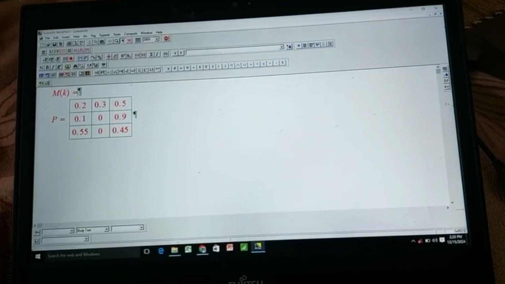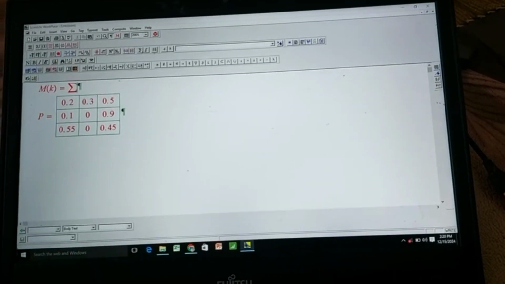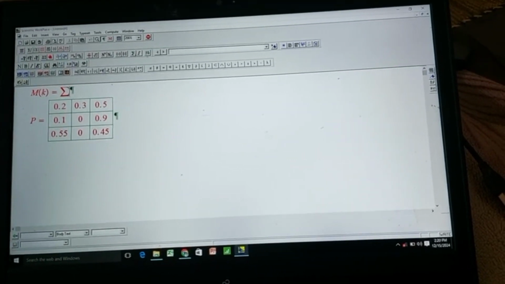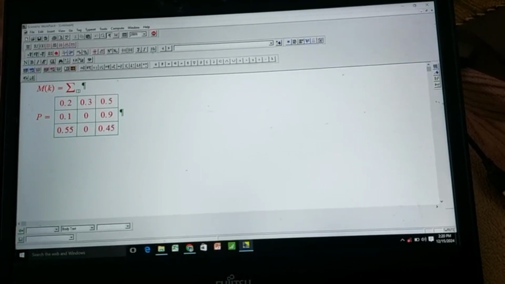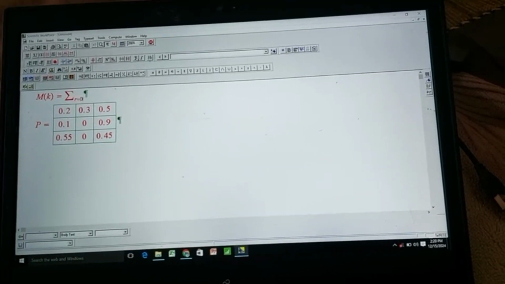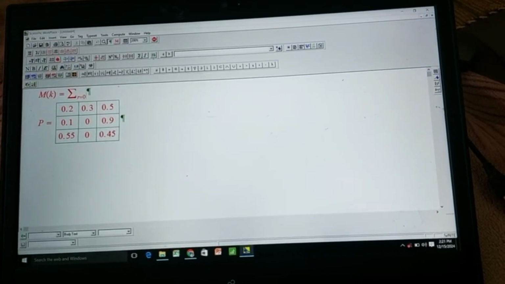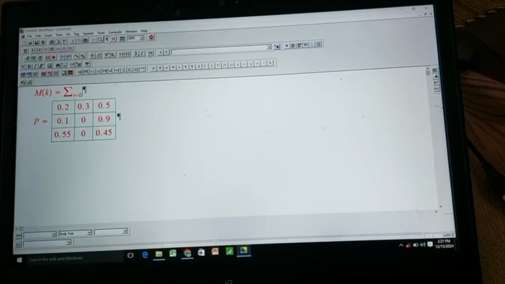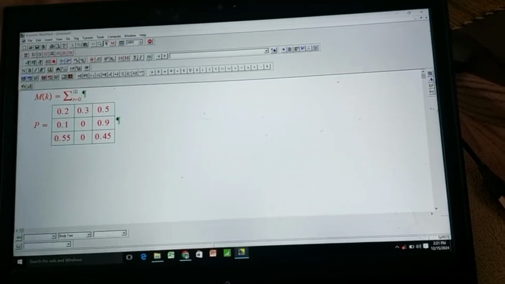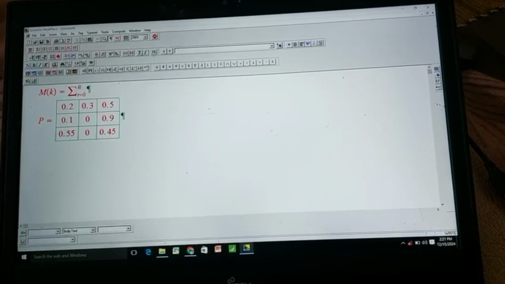Actually I needed to define the function first. It is equal to the summation of, this is Control L, so it will define the lower limit. The lower limit is r equal to 0, then space bar to go back to normal writing. To define the upper limit, I need to press Control H, and in the upper limit I write k.